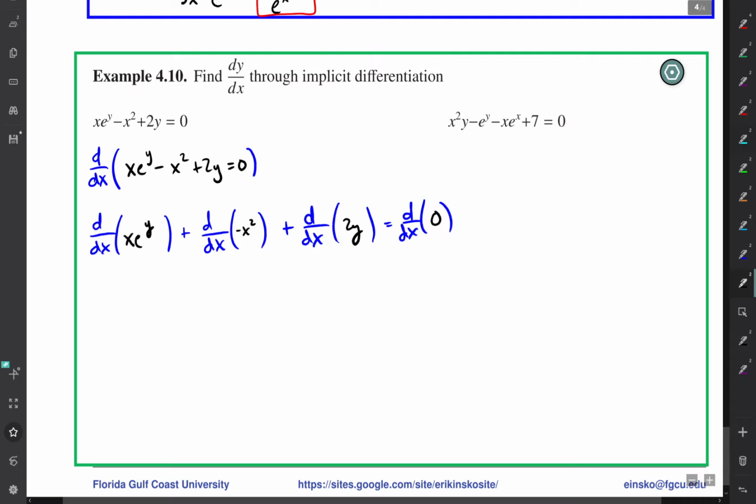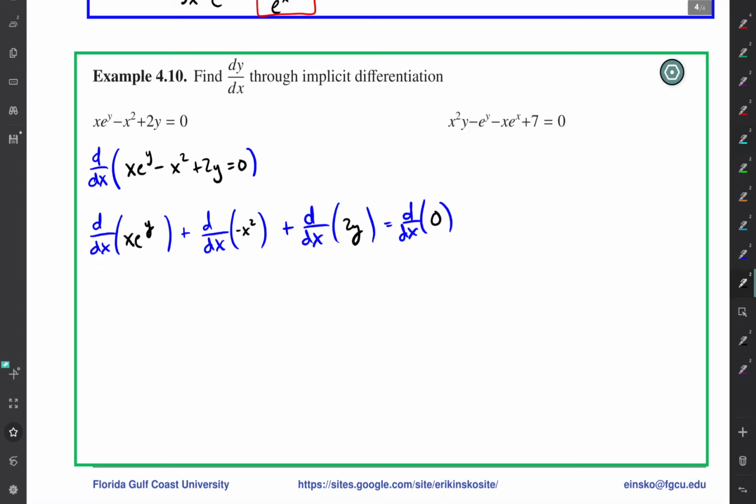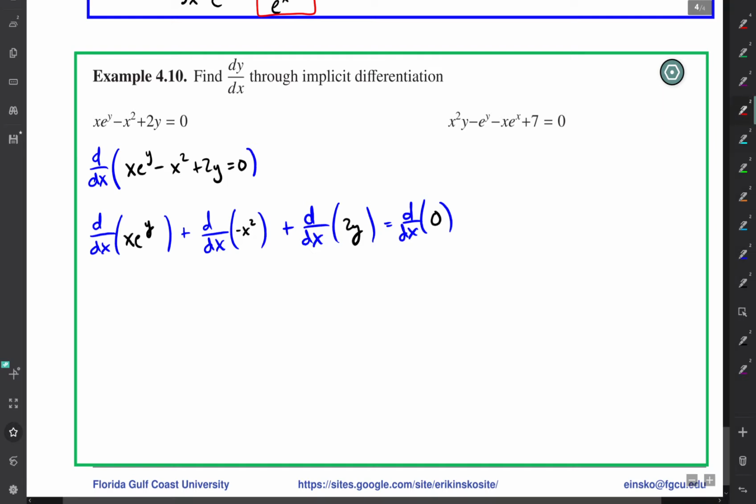So some of these are easier to take the derivative of than others, and so I wanted just to break it up into pieces so we can focus on each piece. And we'll do the hardest piece first, and that's the x e^y. So this right here is going to take a little bit of work. We have to use the product rule, and then also tack on a dy/dx.